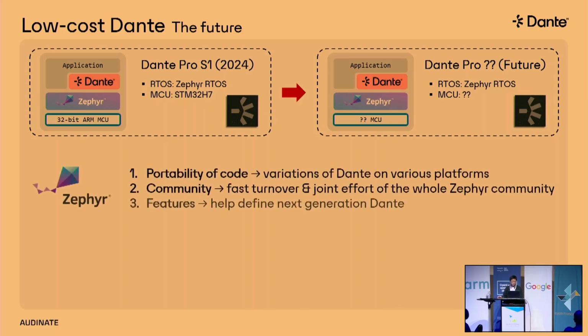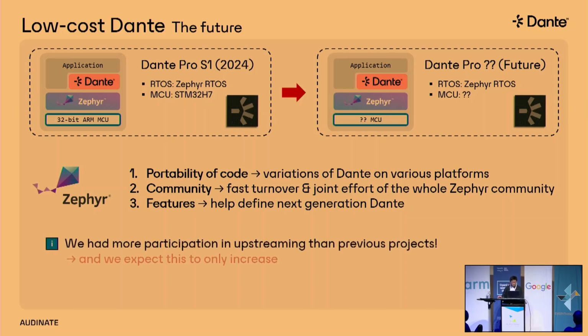This is thanks to the portability of Zephyr, the open community, and the features that help define next generation Dante. And lastly, in the spirit of openness, one thing that we really appreciated and are really happy about is that throughout this product refresh process, we have more participation in upstreaming than in previous projects that we've done. And we expect this to only increase. Thank you very much.